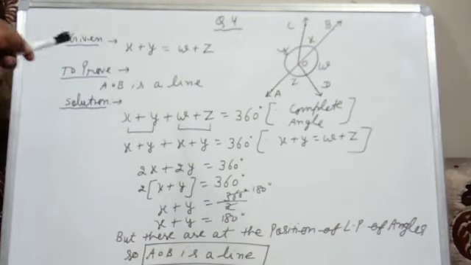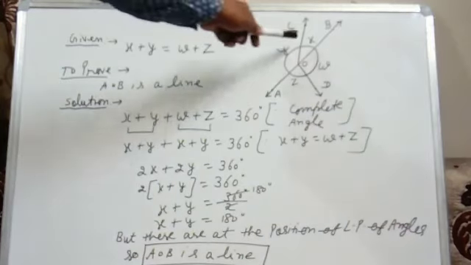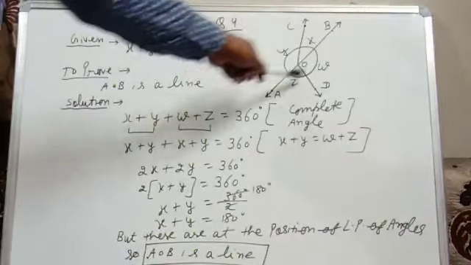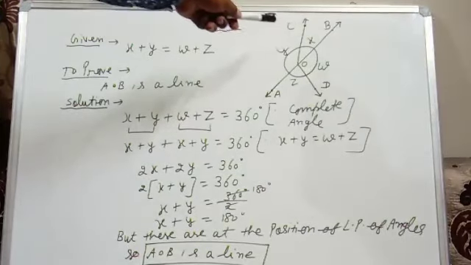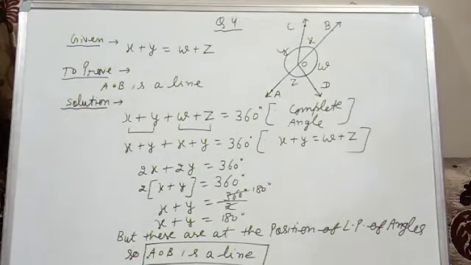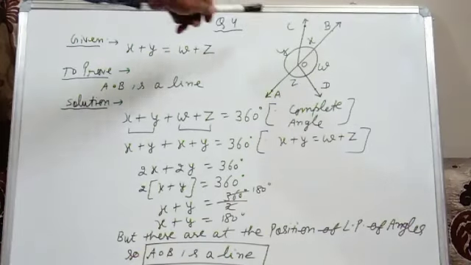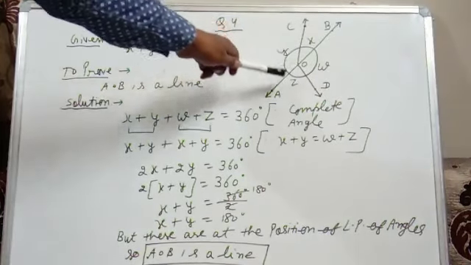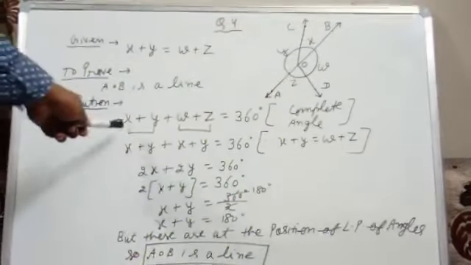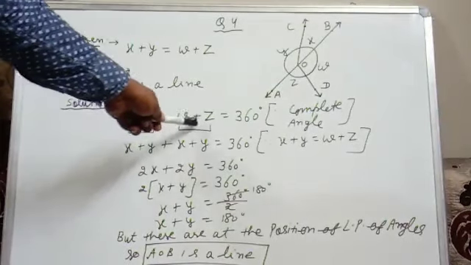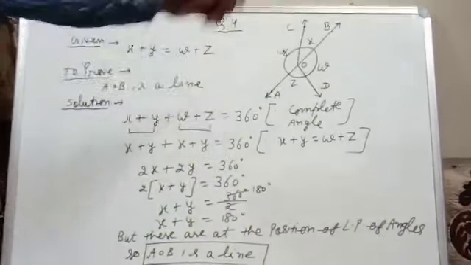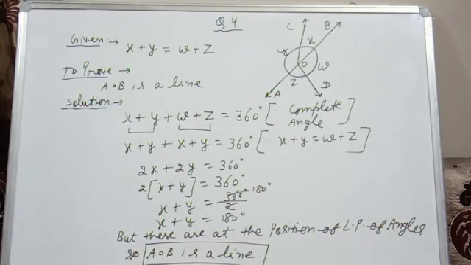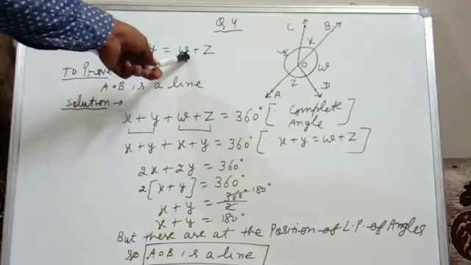Solution. Here, if you see this angle, we can say this is a complete angle. A complete angle is always 360. Here we have four angles, x, y, z, w. So we can write x plus y plus w plus z equal to 360. Reason is complete angle. Now x plus y equal to w plus z.